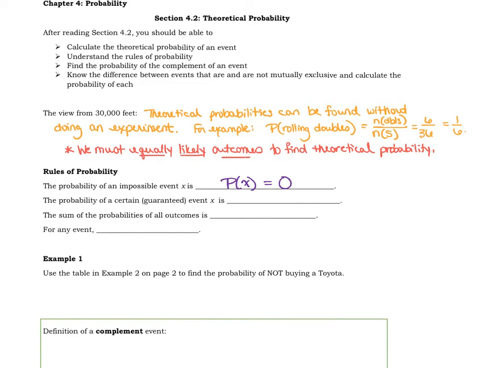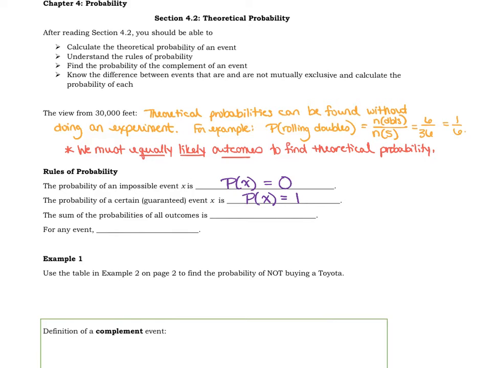Here, certain is the term guaranteed, like I am absolutely certain that today is Tuesday. The probability of an absolutely 100% guaranteed event is 100%, but we're going to say 1 because we will give our probabilities as decimal forms of numbers, not percentages.